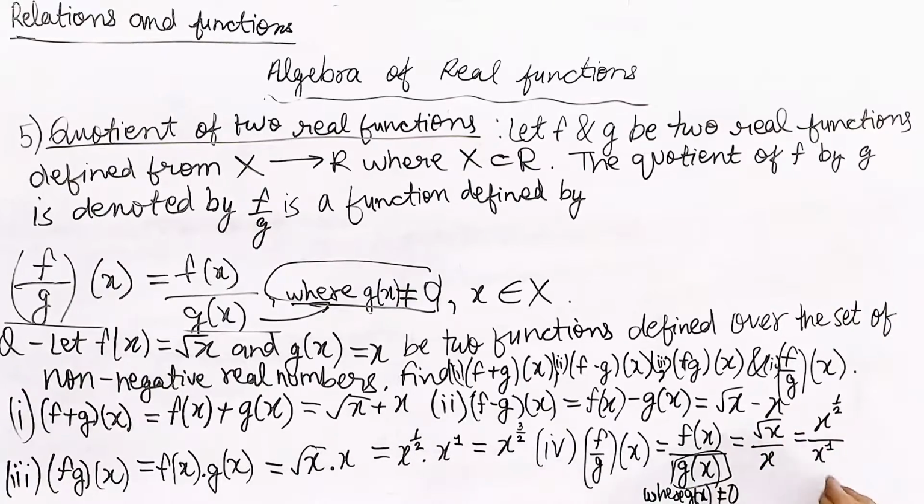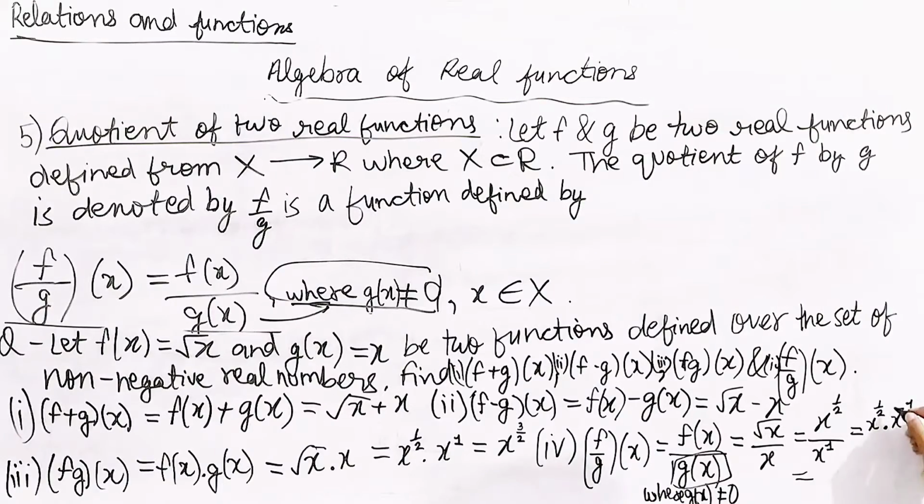If I want to put it in multiplication, moving it beside this one, it's going to be x to the power 1 upon 2 times x to the power negative 1, as the division has changed to multiplication. The laws of exponents say if the bases are the same and the exponents are different, we simply add them.